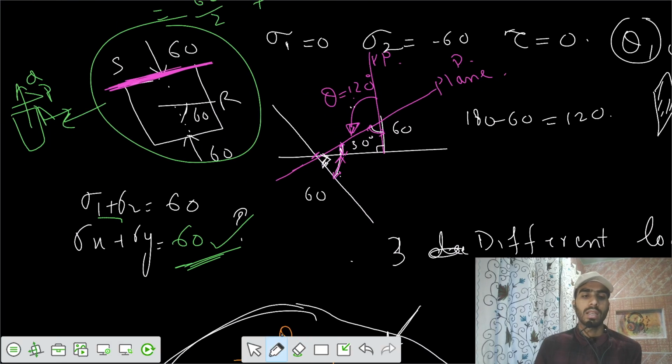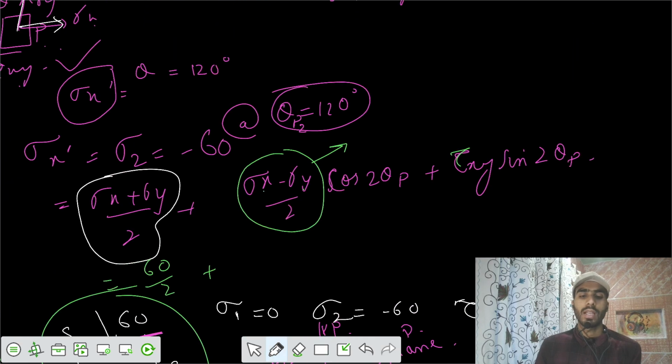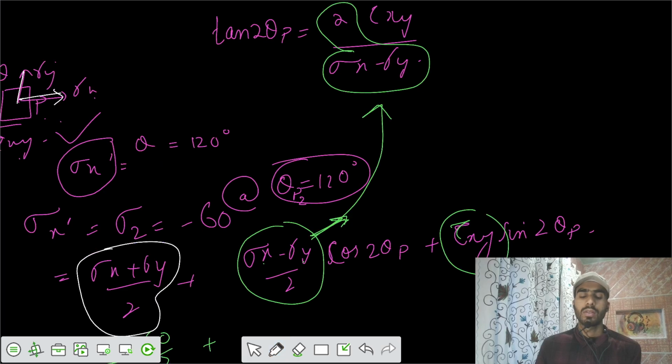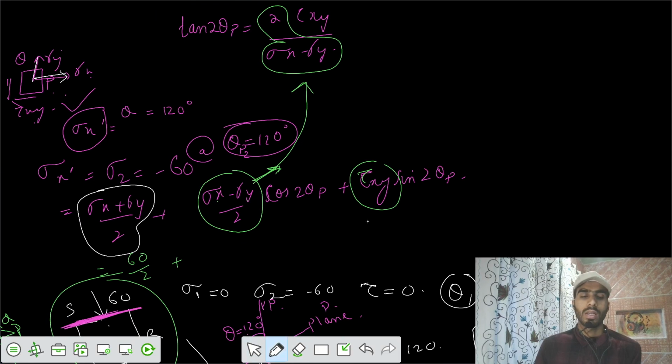One equation is that sigma x plus sigma y equals 60. This is one equation. So if we substitute this sigma x minus sigma y by 2, we can get an equation in which sigma x dash we write as minus 60.